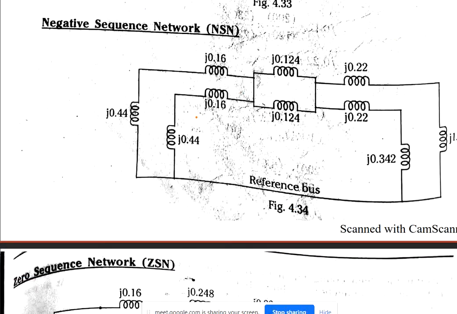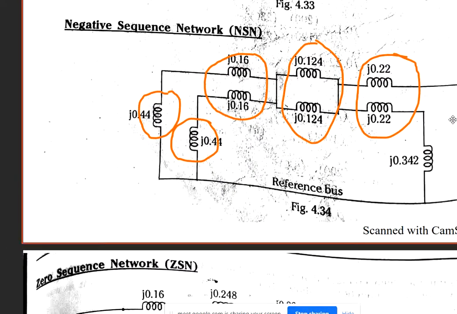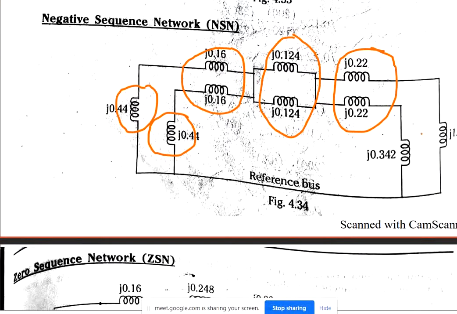In a similar way, this is generator G1, generator G2, and this is transformer 1 and transformer 2. These two are line 1 and line 2, this is transformer 3 and transformer 4, and this is motor 1 and motor 2.